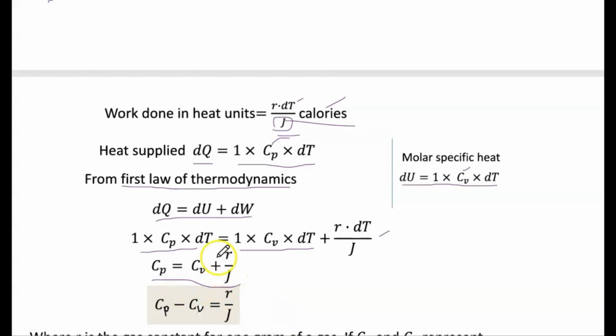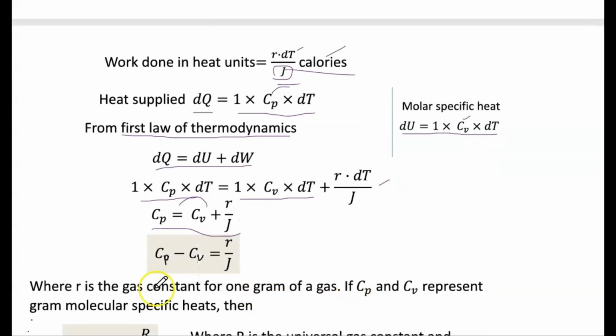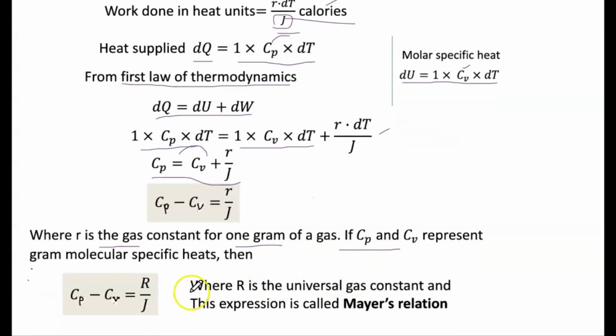Finally, transposing to the other side, you get Cp minus Cv is equal to R upon J, where R is the gas constant for 1 gram of gas. Cp and Cv are specific heats at constant pressure and constant volume.